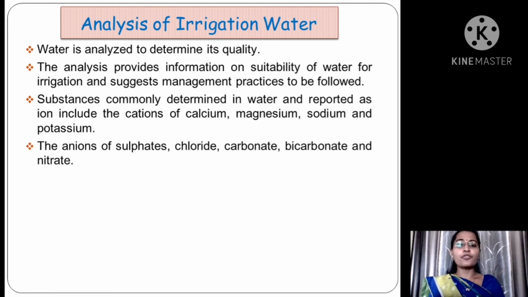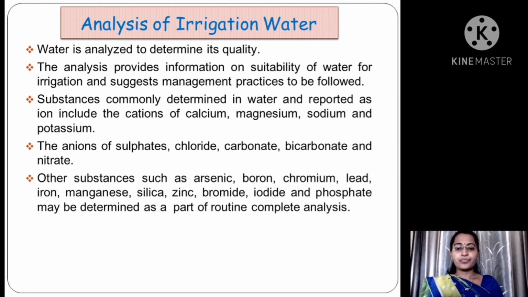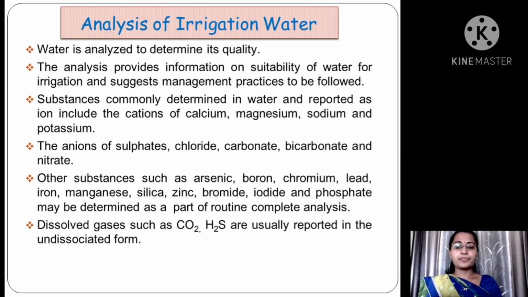The anions of sulfates, chloride, carbonate, bicarbonate and nitrate also. Other substances such as arsenic, boron, chromium, lead, iron, manganese, silica, zinc, bromide, iodide and phosphate may be determined as a part of routine complete analysis.